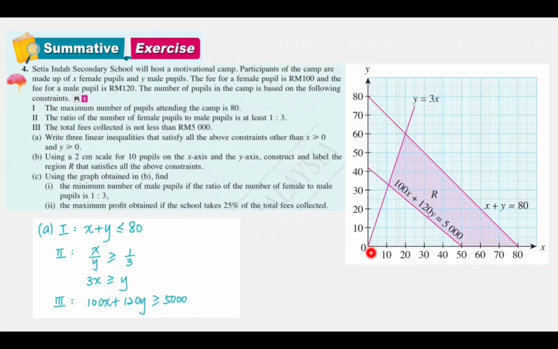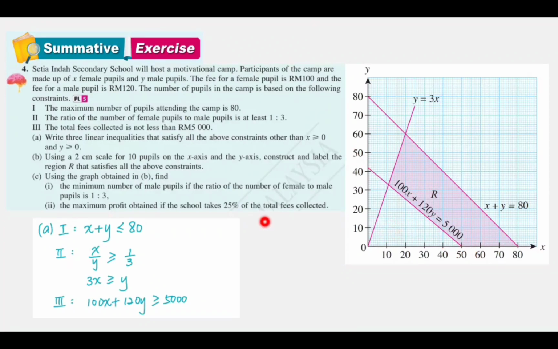The third line, 100x plus 120y equals 5,000. So get the y-intercept when x equals 0: 5,000 divided by 120, we will get 42.5. Or the x-intercept when y equals 0, x will be 50. So therefore, we get this straight line.